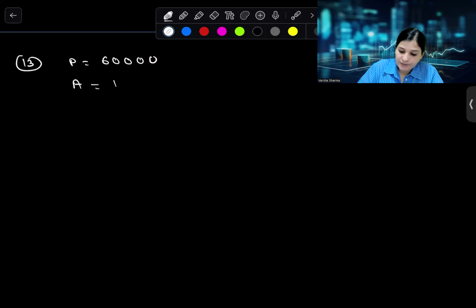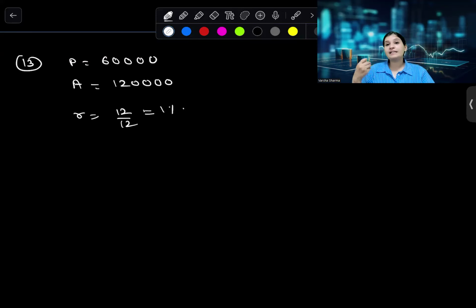The amount became double, that is 1,20,000, at 12% per annum, compounded monthly. So the rate will be 1%.